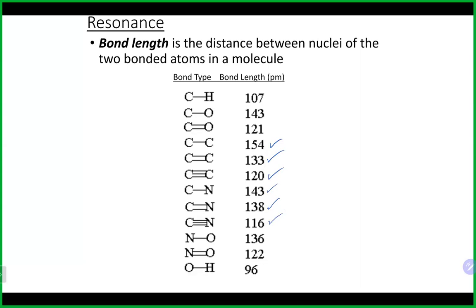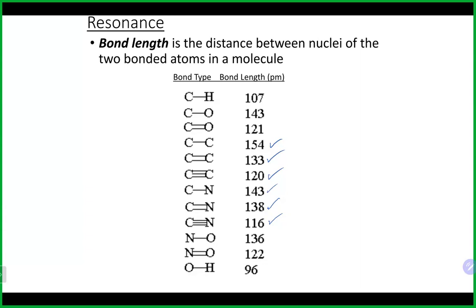What we actually see is every time you put on an extra bond, everybody gets closer, right? Because as we just saw, we have a single bond like so, and we bring in some electrons to make a double bond. All that electron density is now in the middle. Going to bring those nuclei in closer to each other, make a triple bond, going to bring everybody in.